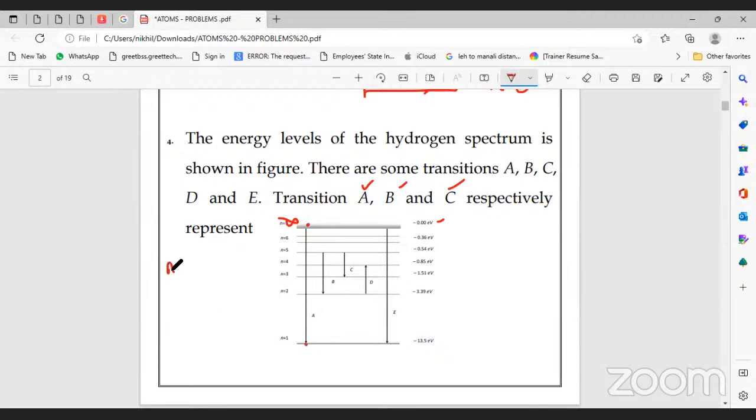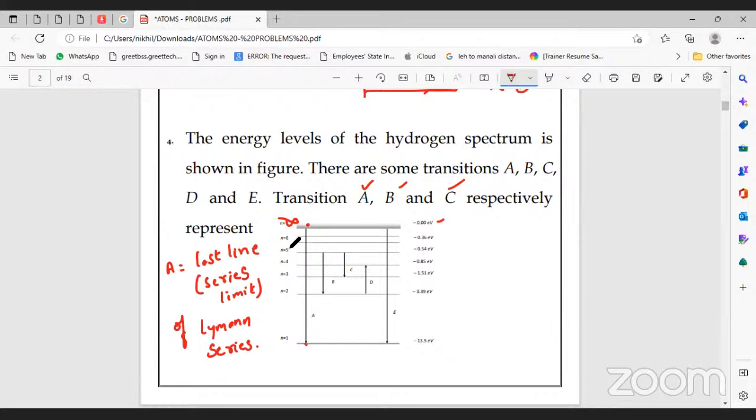So definitely A should represent the last line, which is also called the series limit. Last line is also called what? Series limit, of which series? Lyman series. So A represents the series limit of the Lyman series. Now, can you tell me the transition of B?